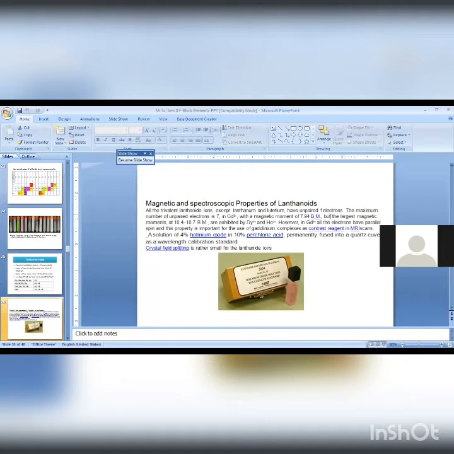The maximum number of unpaired electrons is 7, which is gadolinium +3. Just now I have shown you that gadolinium +3 has a 4f7 configuration with a magnetic moment of 7.94 Bohr magneton.